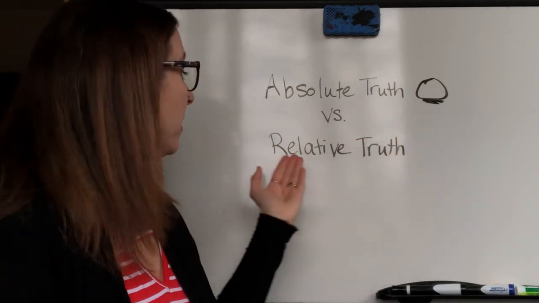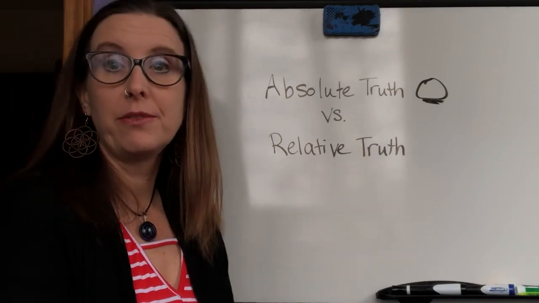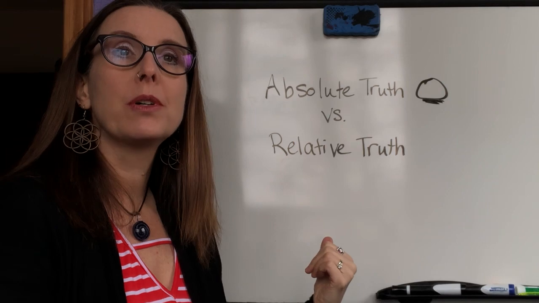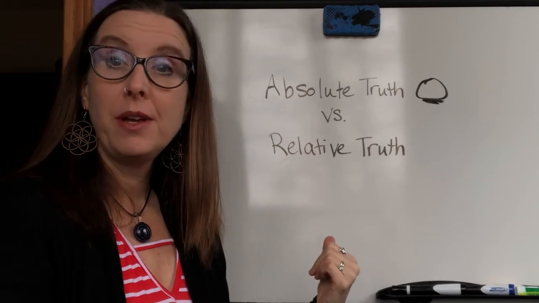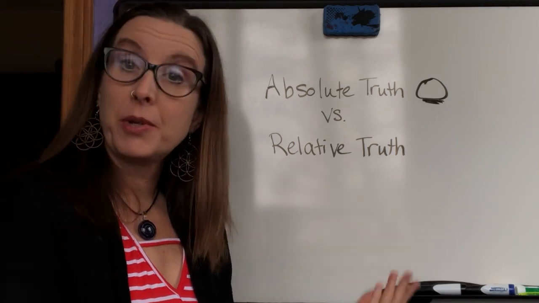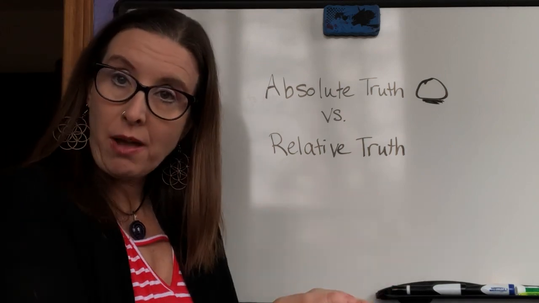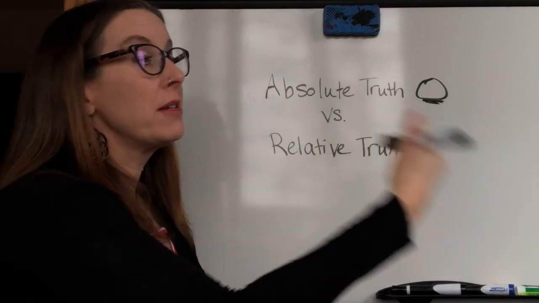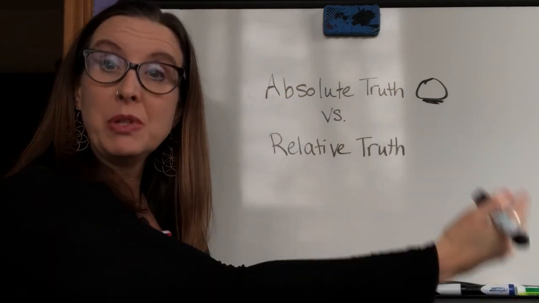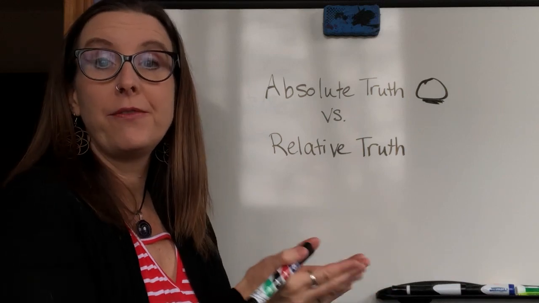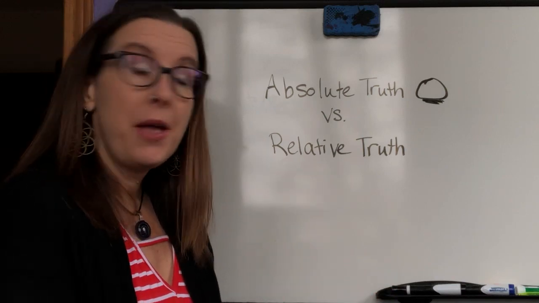Now, then there's another form of truth called relative truth. And the relative truth is more fluid. It can change. It's more dynamic. So I hold something to be true for now, and then relative to some new data, some new experience or observation, I can allow that idea of the truth to change.